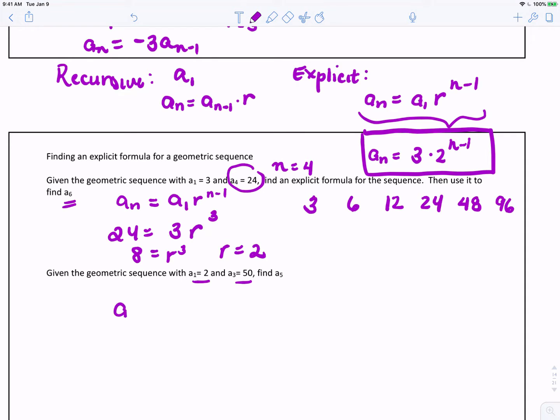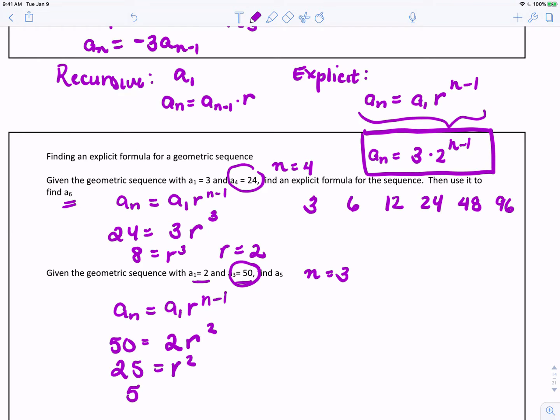We know that a sub n is equal to a sub 1, r to the n minus 1, and in this case, n is 3. So the third term, 50, is equal to the first term, 2, times the common ratio, which we don't know, to the n minus 1, or in other words, 3 minus 1, 2. So 25 is equal to r squared, so we can see that the common ratio is 5.